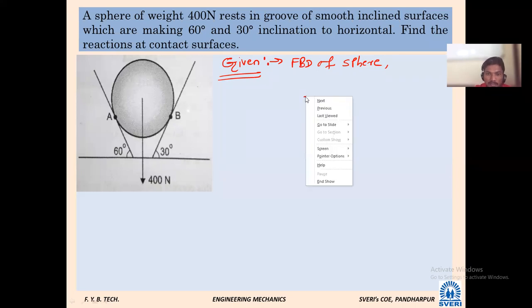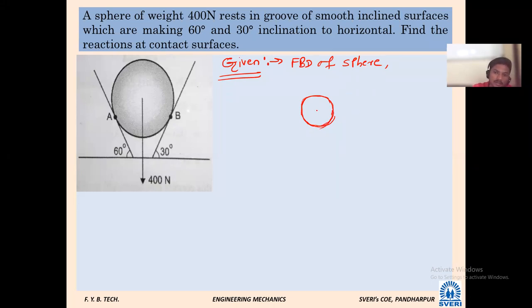So let us say, is it possible to draw a circle? Something like this circle you have to draw. Which is our body in this case? The sphere. Now it is supported at how many points?